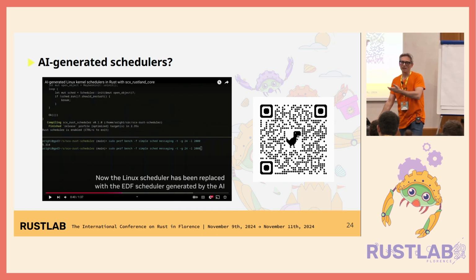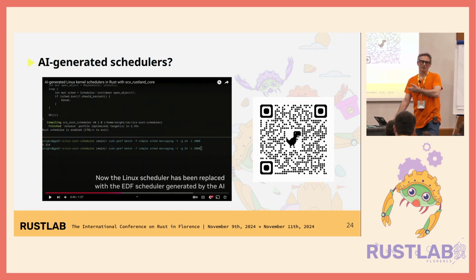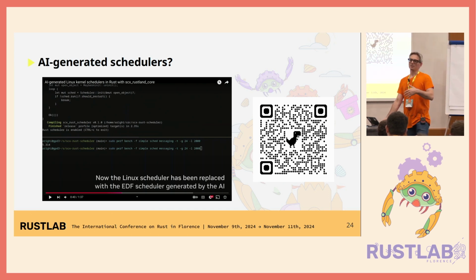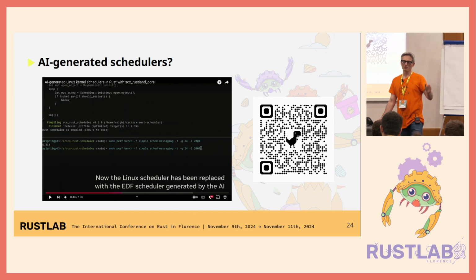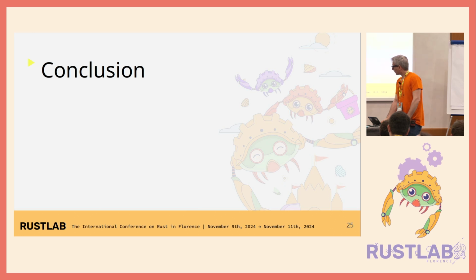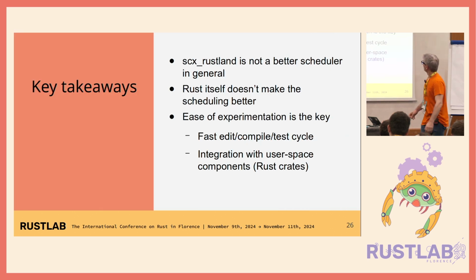I mean, it makes scheduler development accessible and can lower the barrier, while before it was very restricted to a few kernel developers with many years of experience. Here, you don't have to understand much, I mean, you can understand scheduling in general, and you're good to go.